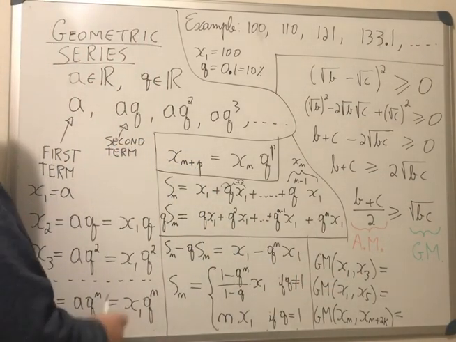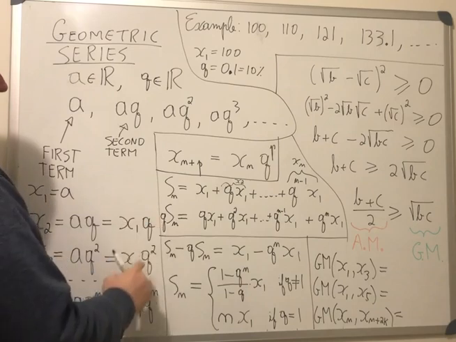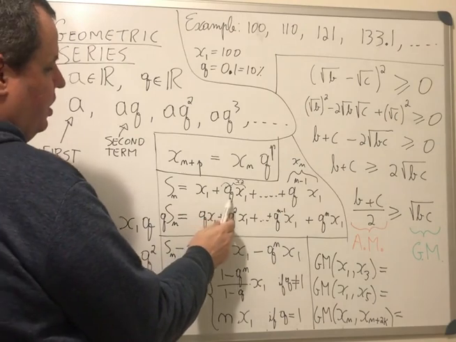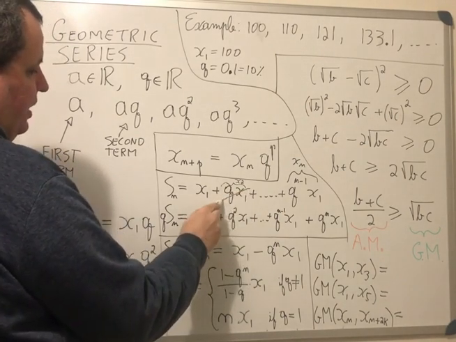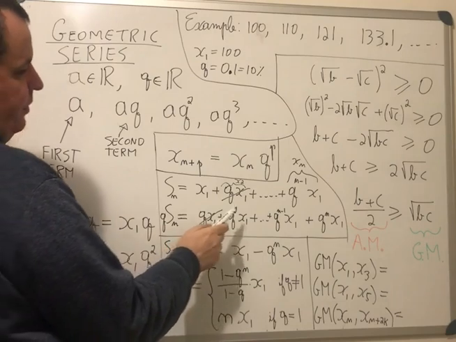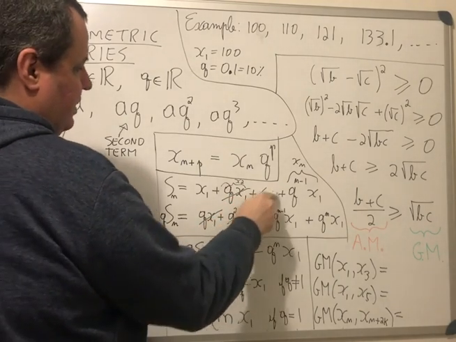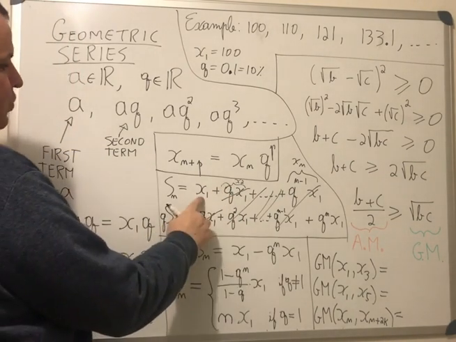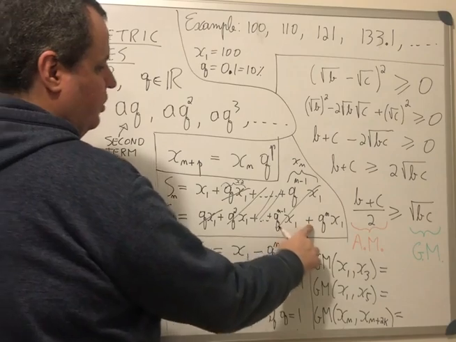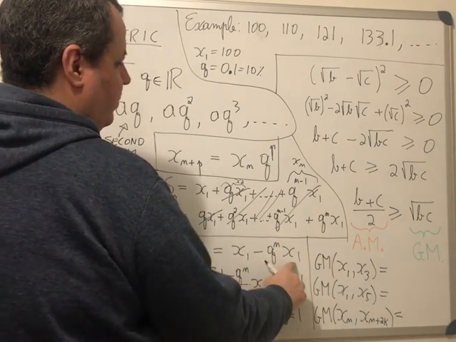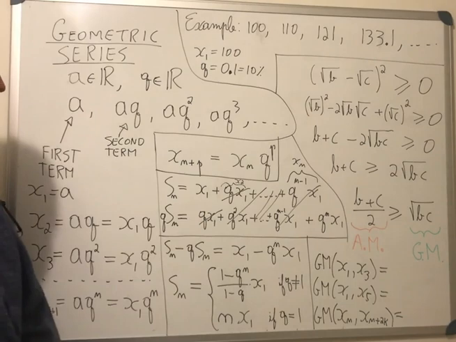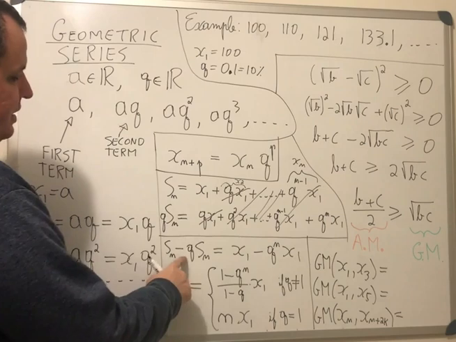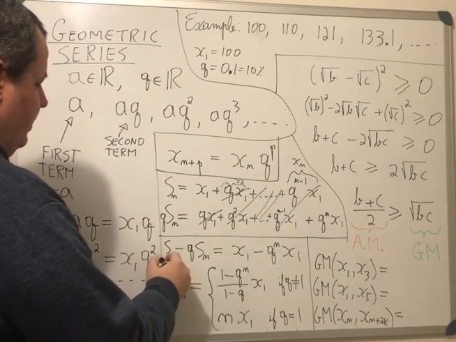Now I subtract the second equation from the first: Sn minus qSn. The term qx1 cancels with this, and I cancel like this, like this, all the way, and I'm left with x1 minus q to the power n times x1. Now in the left side I put Sn in evidence, I have the factor 1 minus q times Sn.